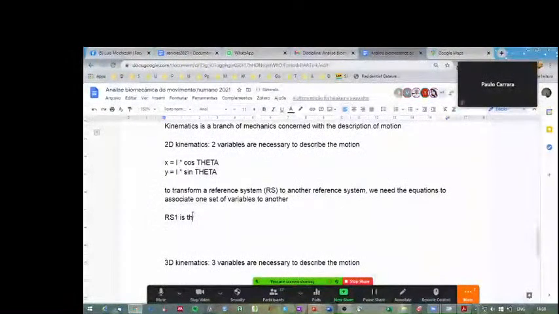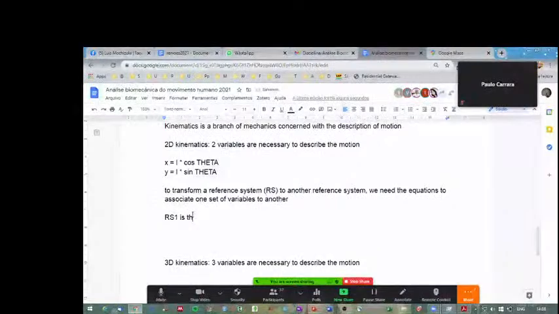So this is nice, but this is high school biomechanics. X and Y, it's nice. When, for example, you take a picture, then you trace the coordinates, and then you calculate, okay, this is the coordinate, okay, this is high school biomechanics.